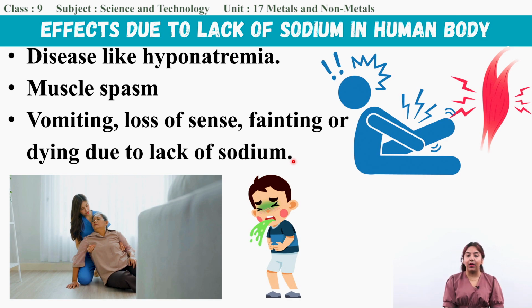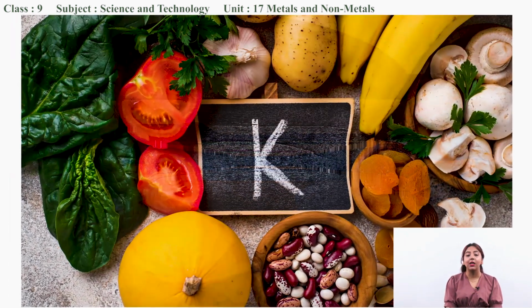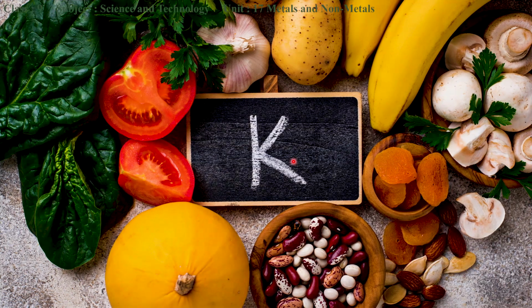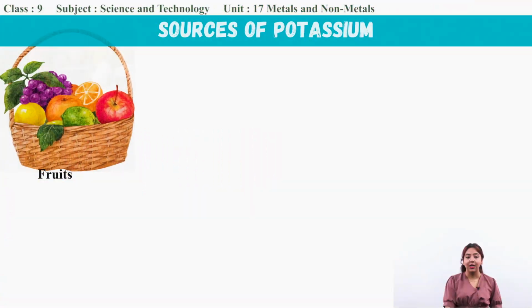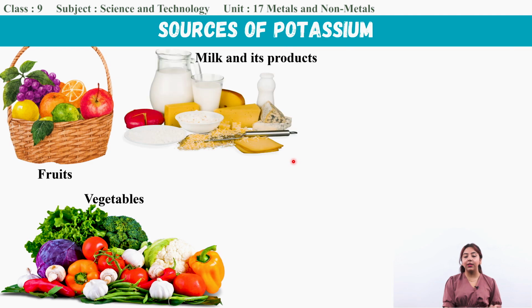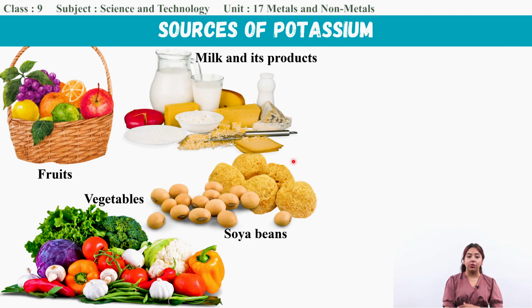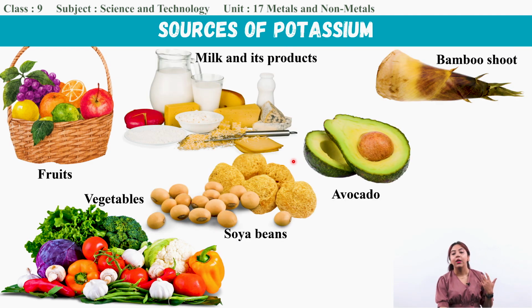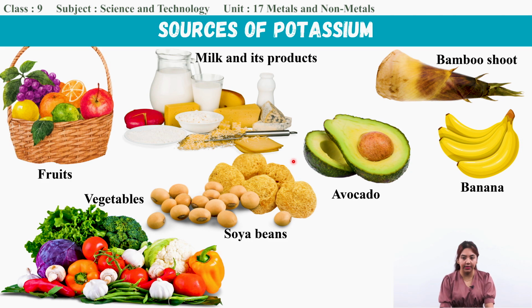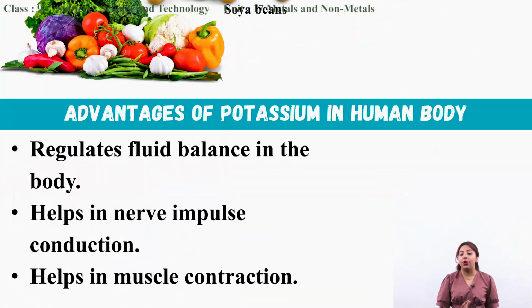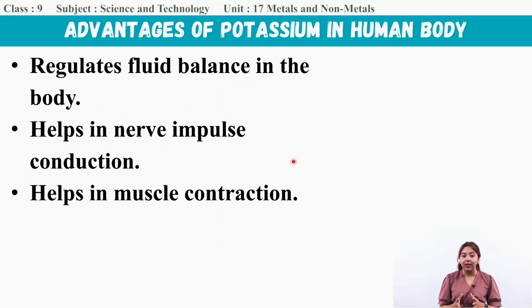Now let us study another metal, potassium. The major sources of potassium are fruits, vegetables, milk and its products, soybeans, avocado, bamboo shoot, as well as banana. The advantages of potassium in the human body are that it regulates fluid balance, helps in nerve impulse conduction, and helps in muscle contraction.